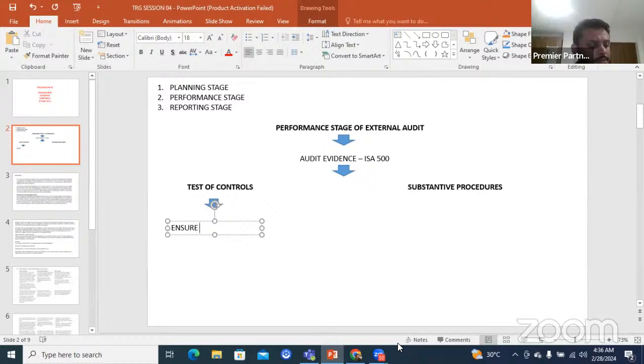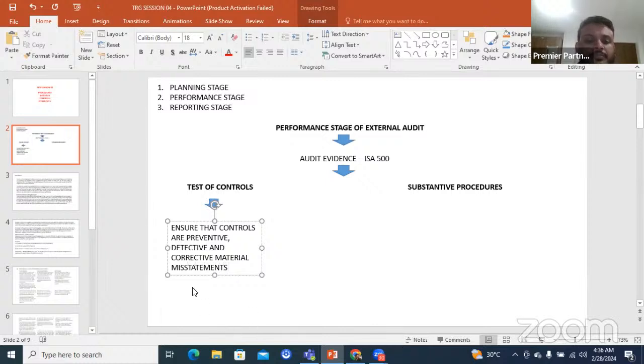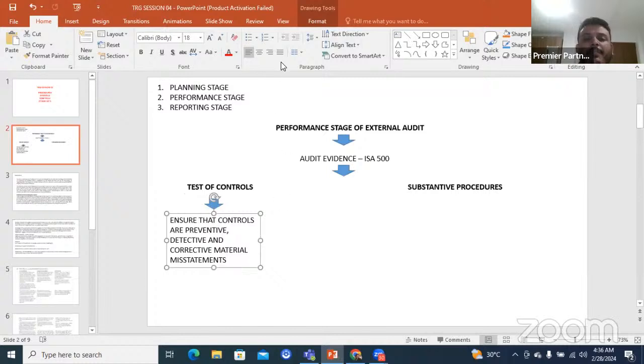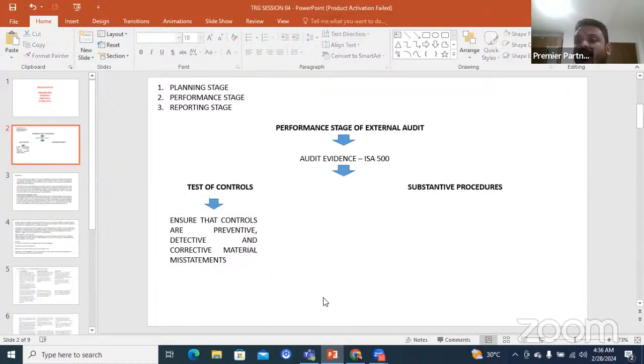We apply procedures to ensure that controls are preventive, detective, and corrective of material misstatements. So simply I can say that controls are preventive, detective, and corrective of material misstatements.